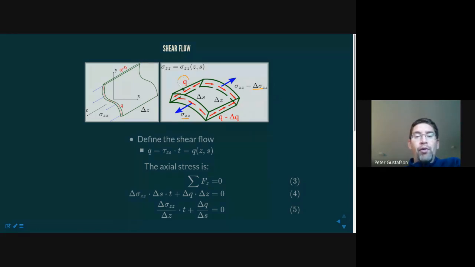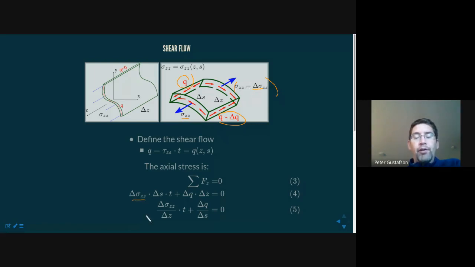Similarly, we have on one side a shear flow Q, on the other side a shear flow Q minus a small change in Q. Now, if you pay attention to the arrows, the positive direction Z, so sigma ZZ minus sigma ZZ minus, and this of course would be in parentheses. So from that, we get sigma ZZ minus sigma ZZ plus delta sigma ZZ.